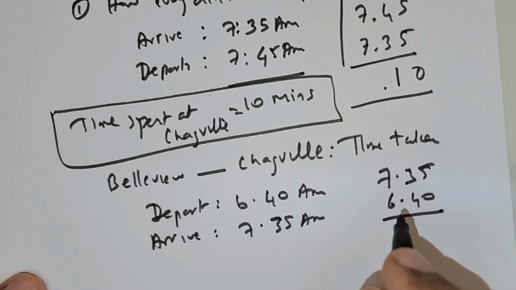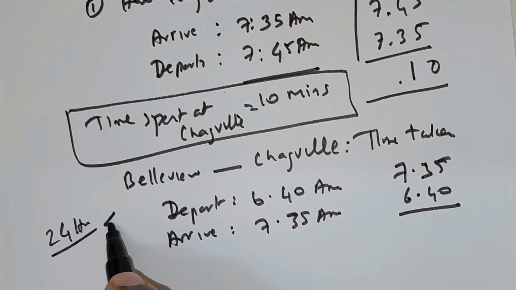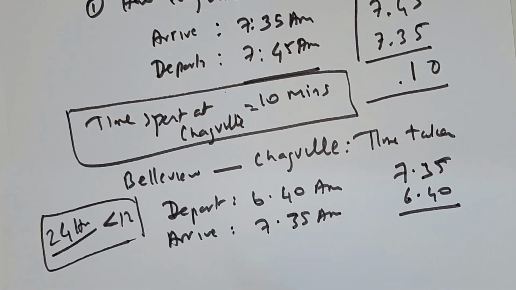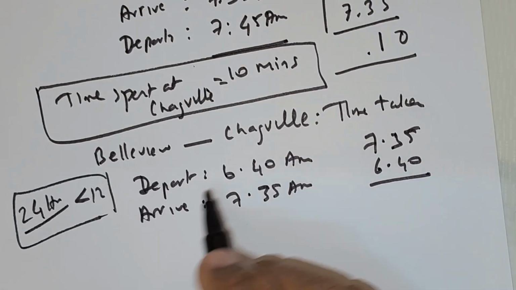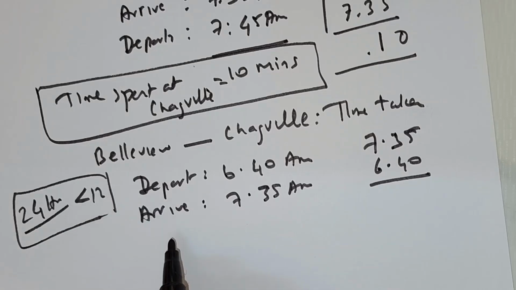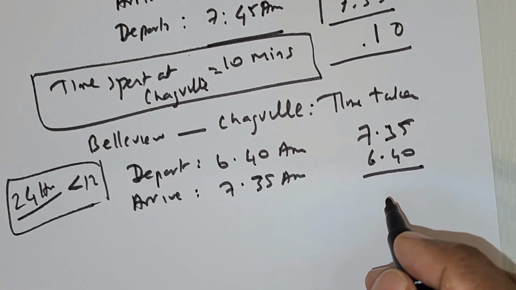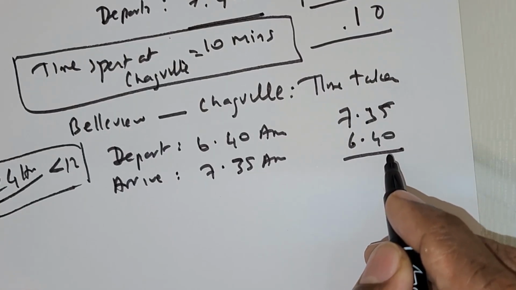Now one important observation: if you are using 24-hour format, anything which is less than 12 you can directly make the subtraction. That wouldn't be difficult. But if it goes beyond the 12-hour mark, then you need to adopt a different process, which we will discuss in later questions. Anyway, let me move on in completing this question.